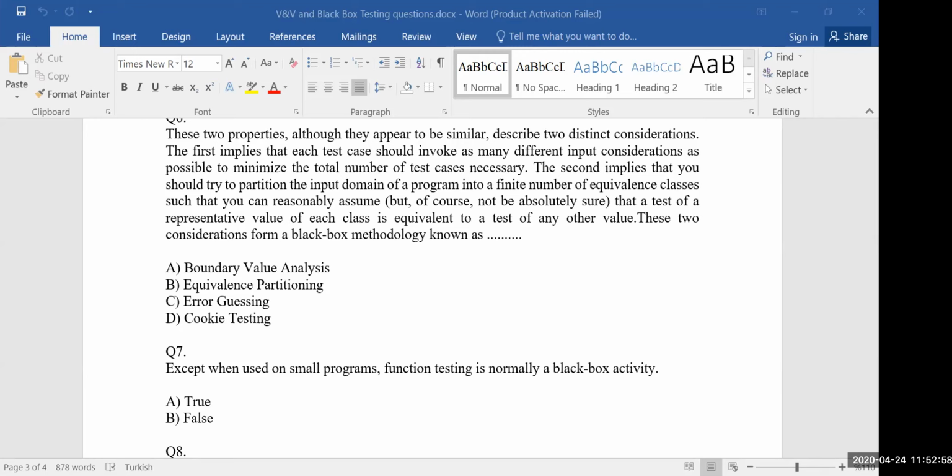Black box testing tries to look for errors in which of the following categories? The answer is ABC: incorrect or missing functions, because black box testing is related to functional activities, interface errors and performance errors.